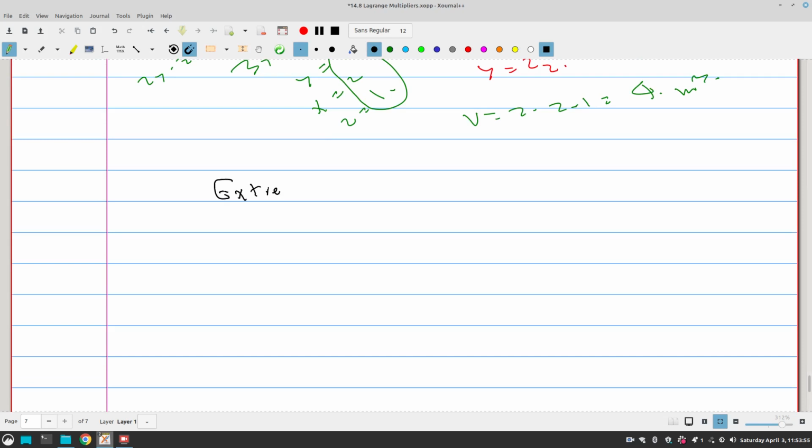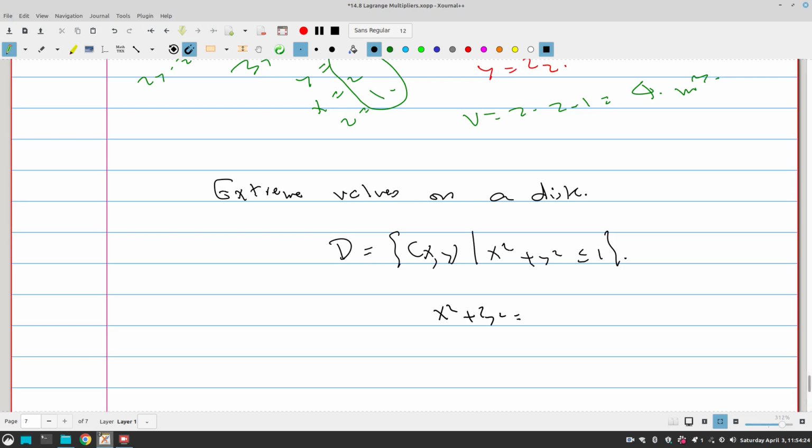Now the disk is given by x squared plus y squared is less than or equal to 1, and our function is f of x, y equals x squared plus 2y squared.